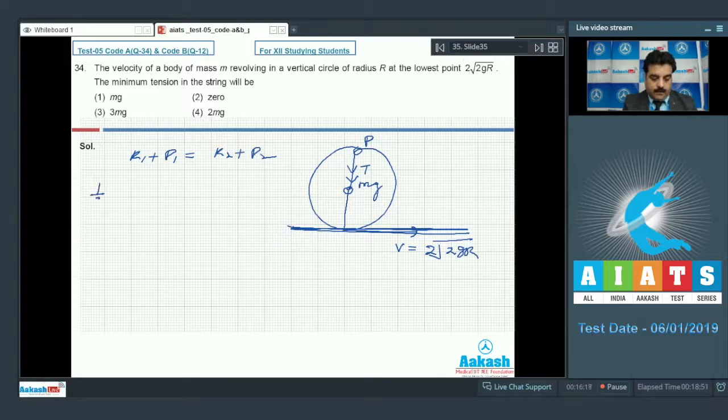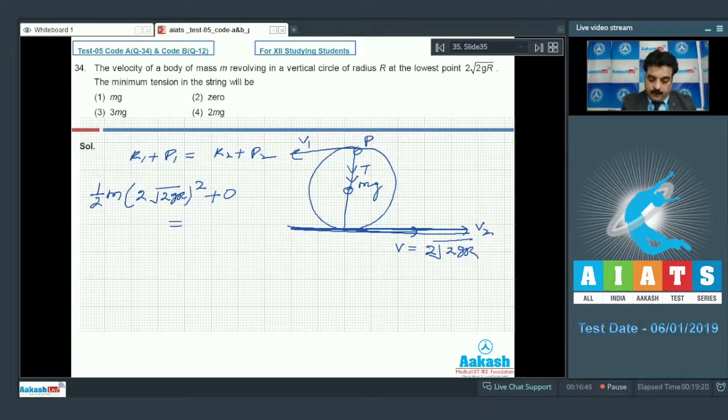So initial kinetic energy is half m v squared. As you know, speed is given as 2 root 2gr, whose square is used, and because I'm going to start from this point, there is no height, so initial potential energy will be 0. For the final kinetic energy, suppose at this point speed is v1 and at this point speed is v2.